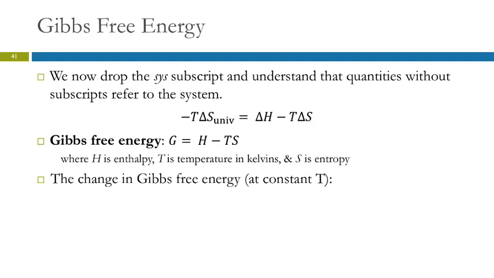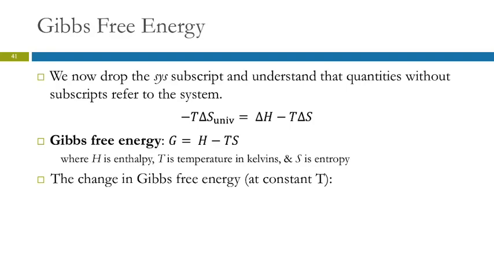So we're not going to use the subscript sys anymore. We're just going to understand that quantities without a subscript refer to the system. If it's not referring to the system, it'll have a subscript indicating so. So what we call the Gibbs free energy, G, is equal to H minus TS, the temperature times the entropy.